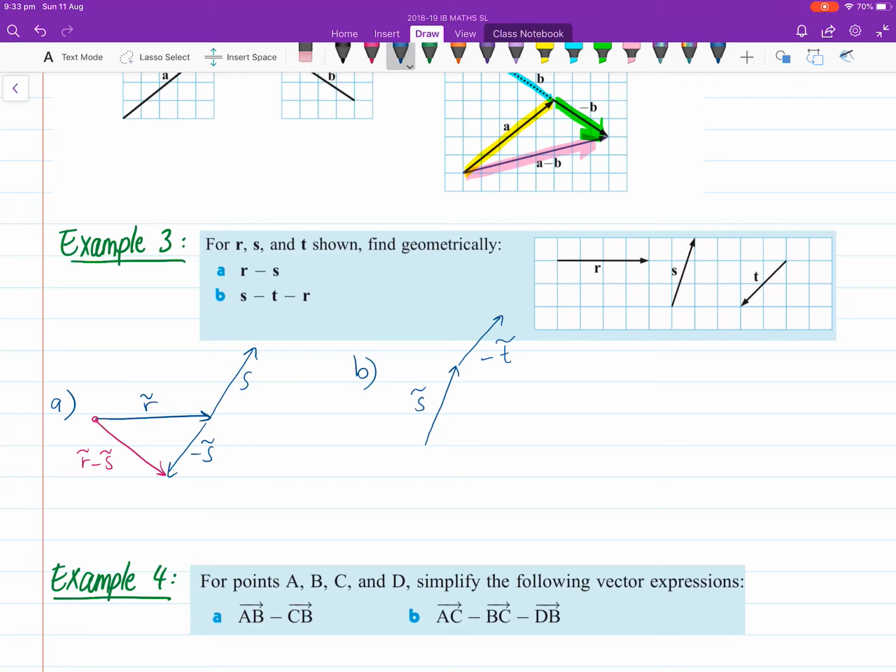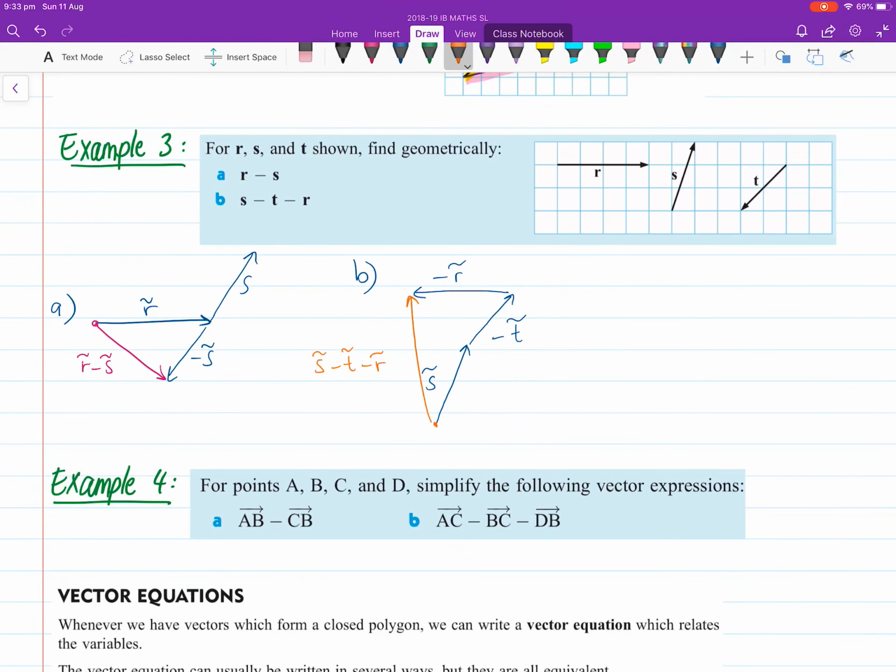So we've got minus T, so R is now going to go that way because that's minus R. Now we can see we just have to go from the starting end, or tail end, to the tip of the arrowhead. So this here is S minus T minus R. Okay, the orange one, that's the resultant vector.